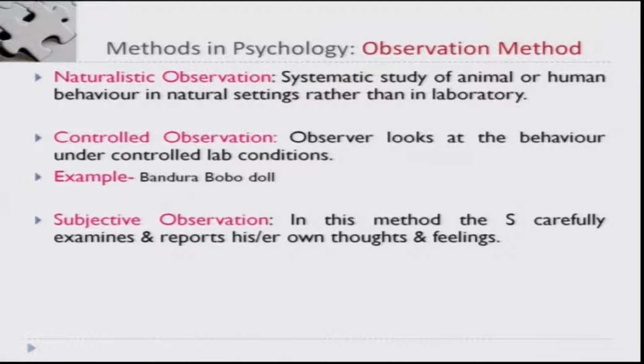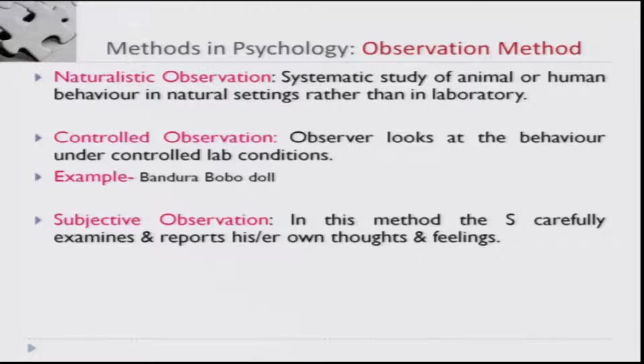The other format of observation method is called naturalistic observation. As the nomenclature suggests, this is the systematic study of animal or human behavior in a natural setting. You cannot bring an animal to the lab to understand the behavior of that animal in its natural habitat. You cannot disturb the habitat.